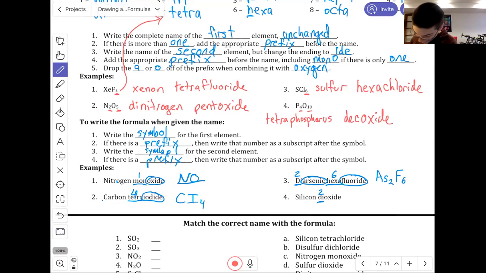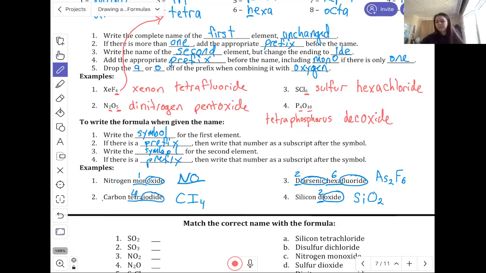Okay. Silicon is what symbol? Si. Just S is sulfur. There's no number next to it. And again, what element is that? Oxygen. And I'm going to write O2.